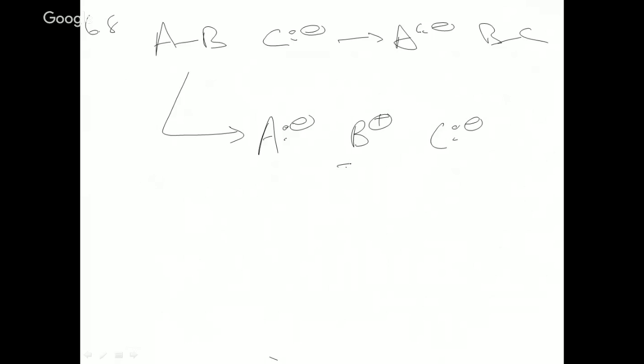So this is an intermediate. It's possible that AB can break, and then this would happen fast. So you have heterolytic bond cleavage of AB, complete cleavage, and then you have formation of CB. In some cases these can be isolated and observed and studied.